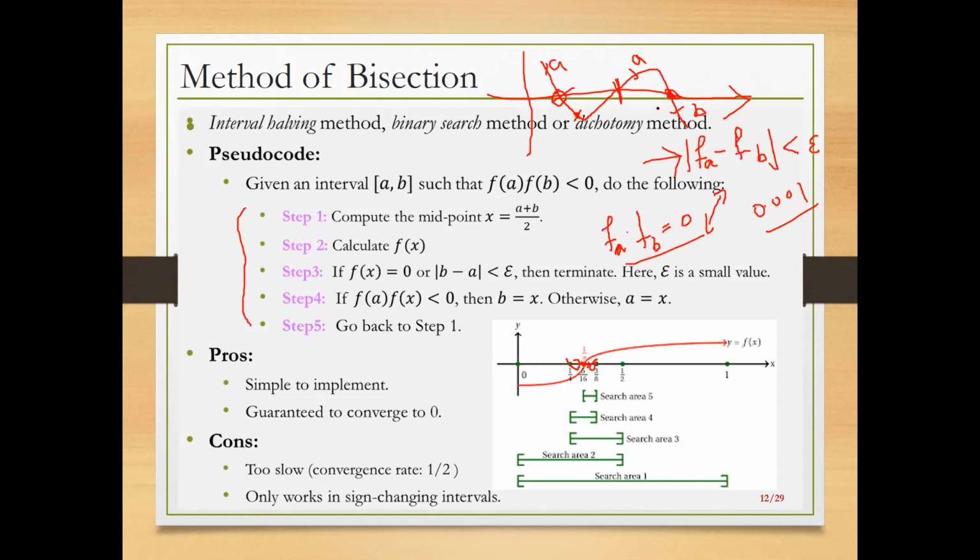If a is here and b is here, half is here, which is very close to this point, so it will converge to this point and not the others. If you want to find this other point, you change b to this point. Or you could have taken a to be here or b to be here, and it will give you this midpoint. So finding a and b is the most challenging part.